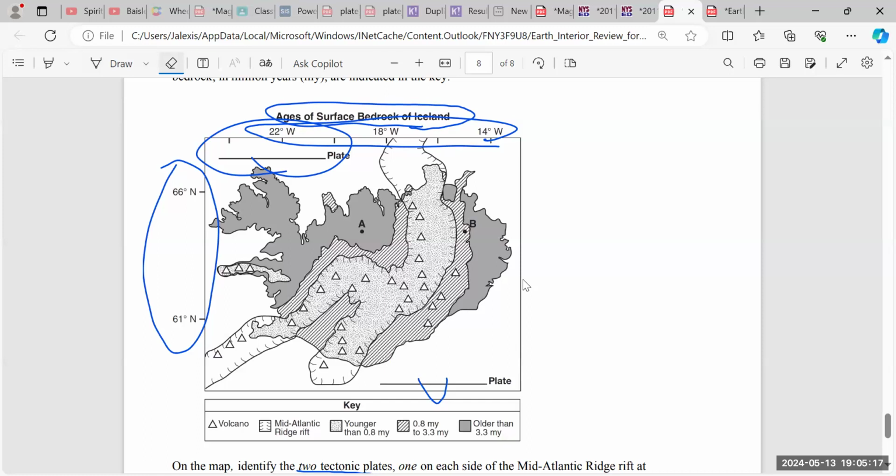Sorry, hold on, let me just erase this here. The Eurasian plate would be written here, and up here would be the North American plate. And those would be your answers.